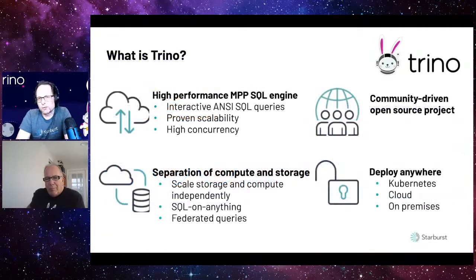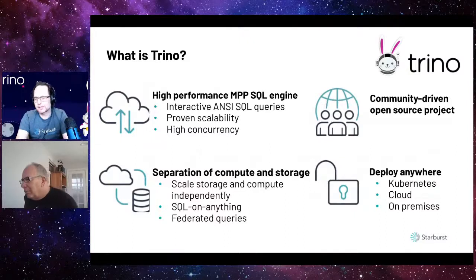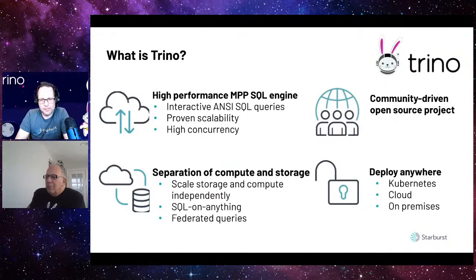So what is Trino? Trino is a high-performance, massively parallel SQL query engine. What does that mean? It means that you can connect any kind of data source, such as object storage systems that are powered by Hive or others, or where the files are in S3, but also relational databases, Elasticsearch, and other systems that don't even support SQL.